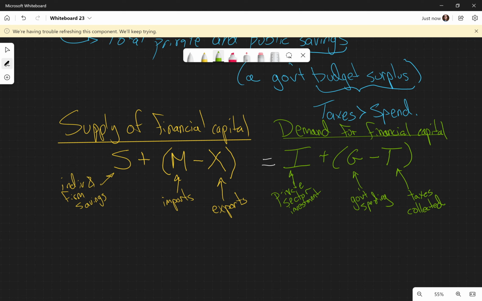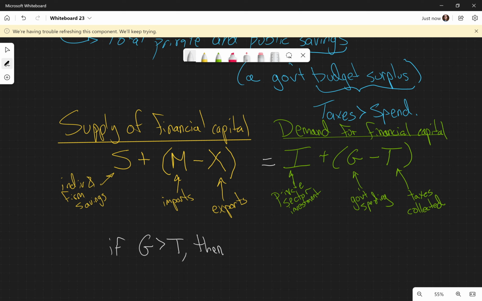And so if we are in a situation like the United States and our government spending is greater than our taxes, then because they literally don't have the money to spend, the government has to borrow the money, right?